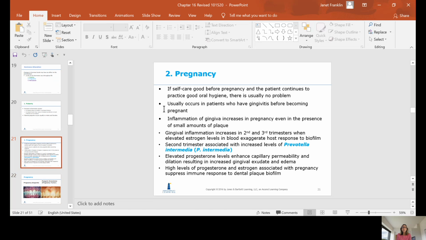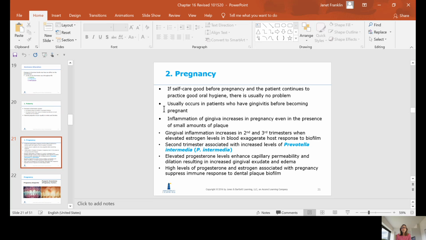Pregnancy. It's important to educate your moms about good self-care during pregnancy. We talked earlier about the pyogenic granulomas that can occur. Inflammation of the gingiva increases in pregnancy, even in the presence of the smallest amount of plaque.